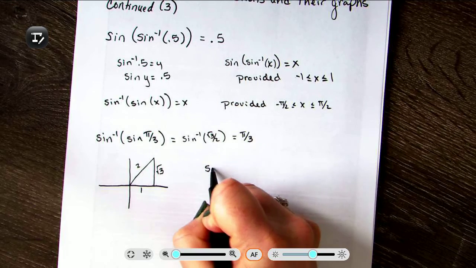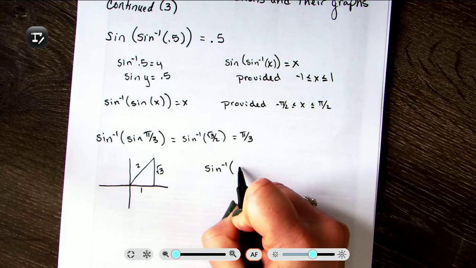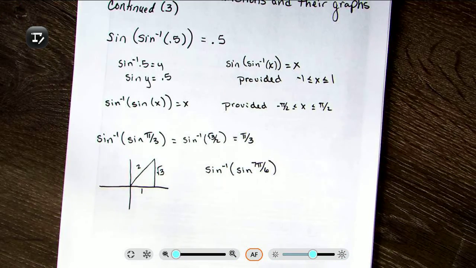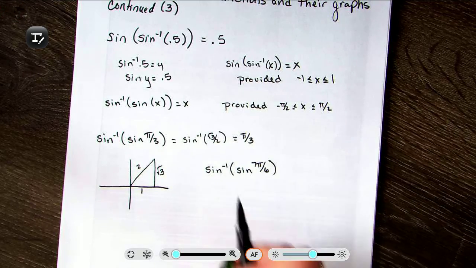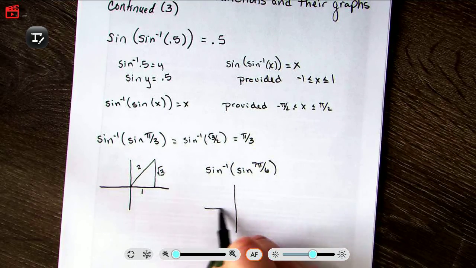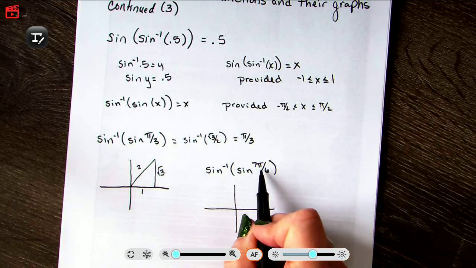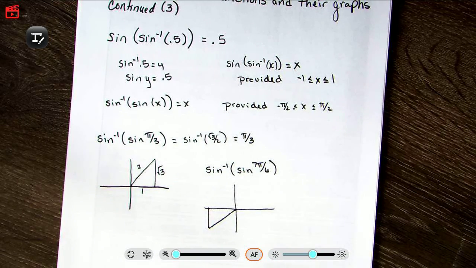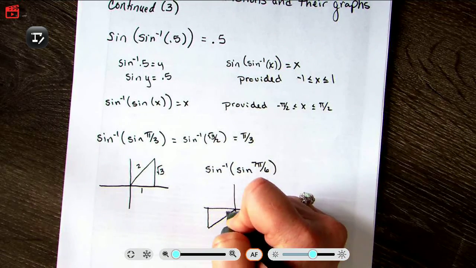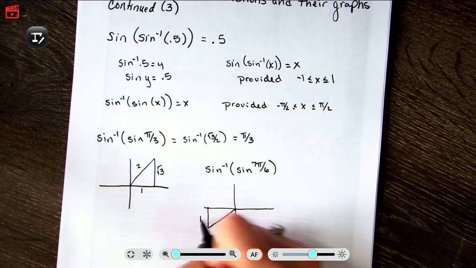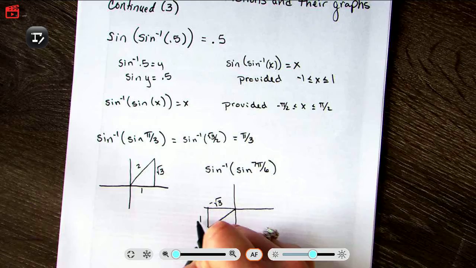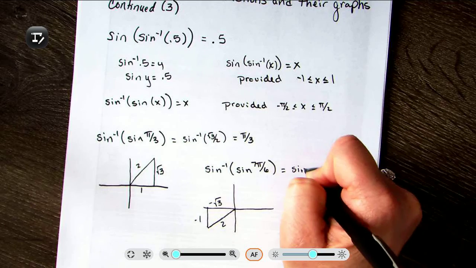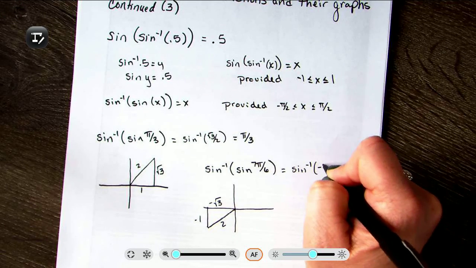Things are a little different because of the restrictions of our sine, or I should say inverse sine, where we have to restrict it. Starting with this one, 7 pi over 6 is bigger than pi. That puts me in this quadrant right here. And that's going to be a pi over 6 reference, which is a 30. 1, 2, square root of 3. Both of these are negative because we're in that fourth quadrant. So I'm going to be looking for the inverse sine of a negative 1/2.